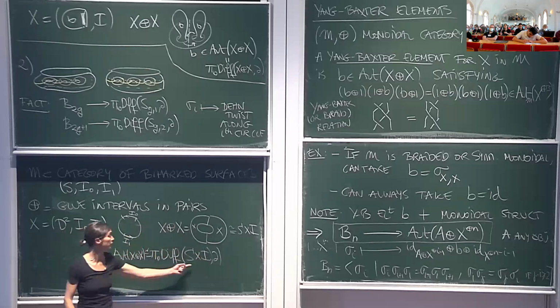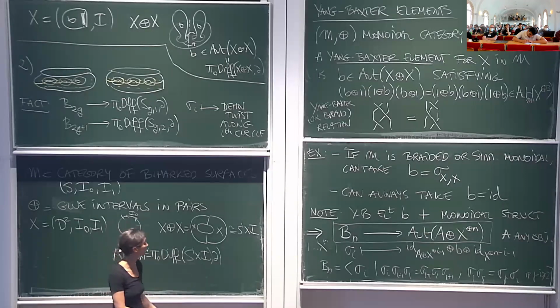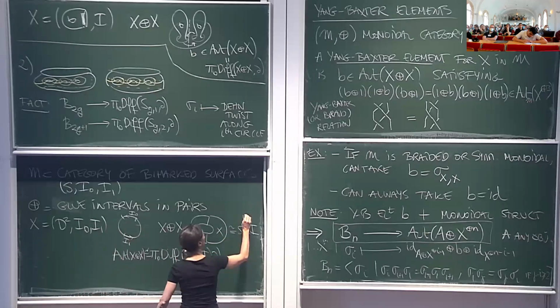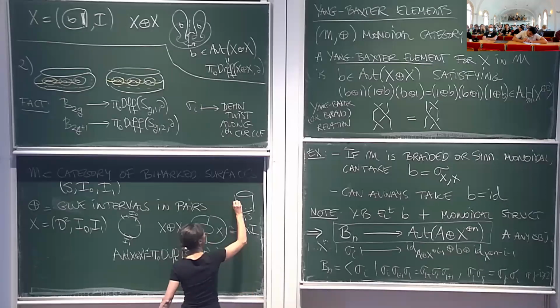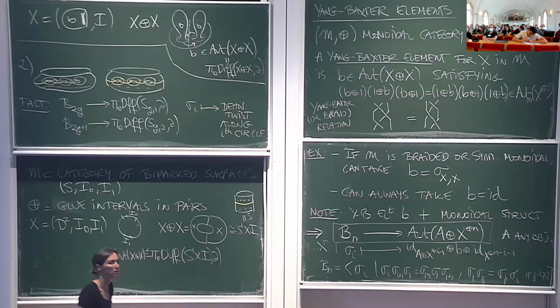The mapping class group of the cylinder, let me draw it like this. The mapping class group is generated by a single Dehn twist here. You can take this circle and do a Dehn twist, so turn it around itself.